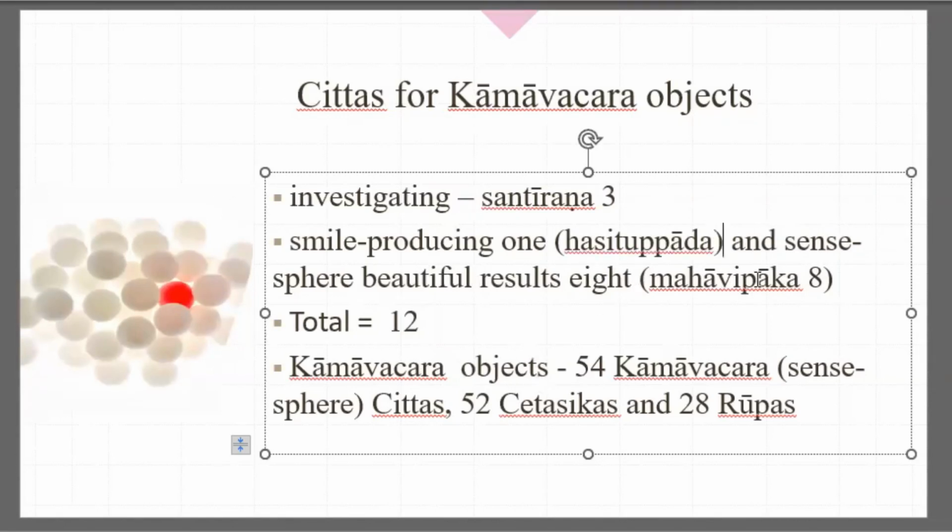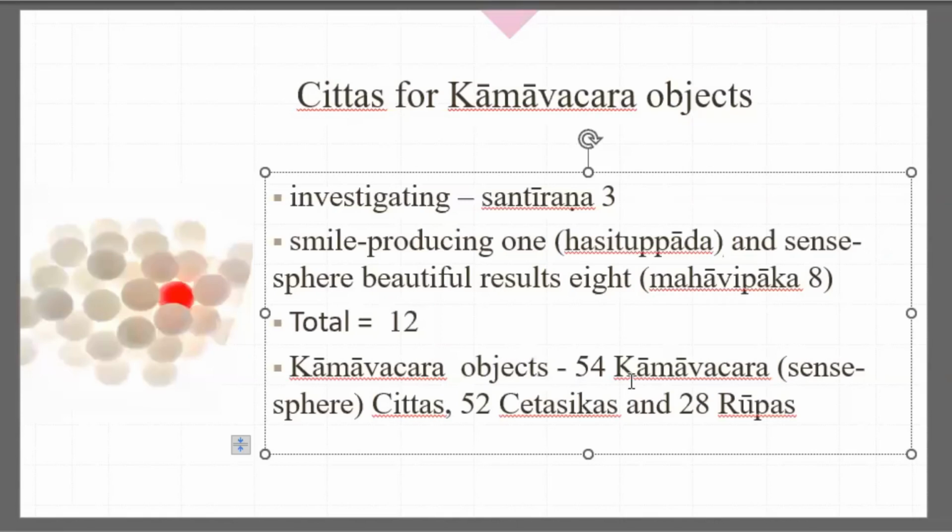And sense sphere beautiful result consciousness. How many? 8 Mahavipaka. Santirana 3, Hasituppada 1, Mahavipaka 8, altogether 12. So these 12 Cittas can take all the Kamavachara objects.